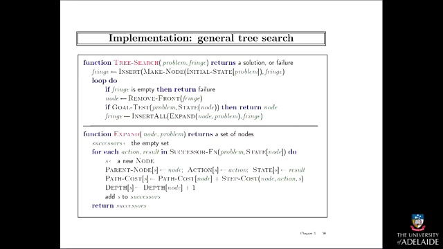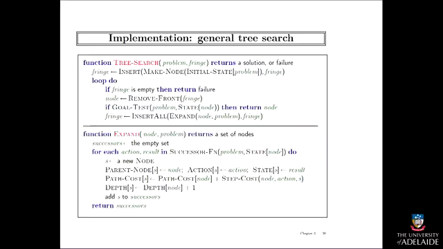Otherwise, we're going to insert into the current fringe all of the children of the current node. So that's what this function expand does. It takes the current node and expands it via all of its children using the successor function. So here it is up here. Function expand returns a set of nodes. Start out by saying that successors is the empty set, and we're going to increase the size of that set in this loop.